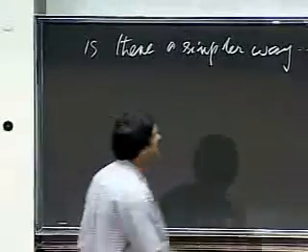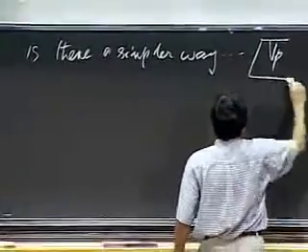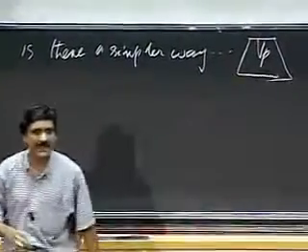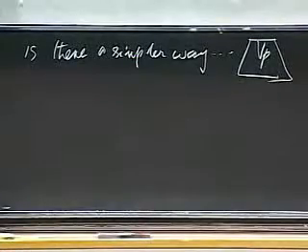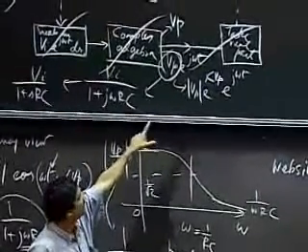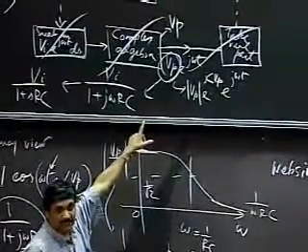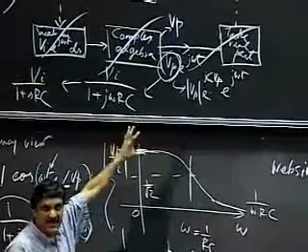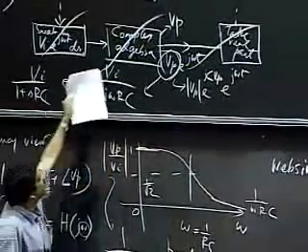Let's focus on VP. Why VP? Because, remember, VP was the complex amplitude of e to the j omega t.